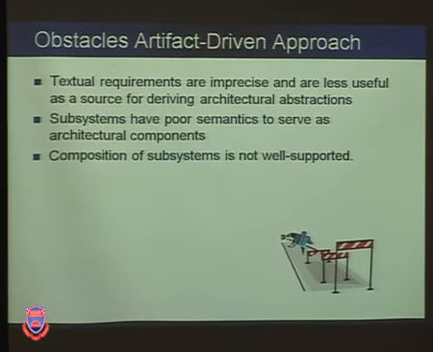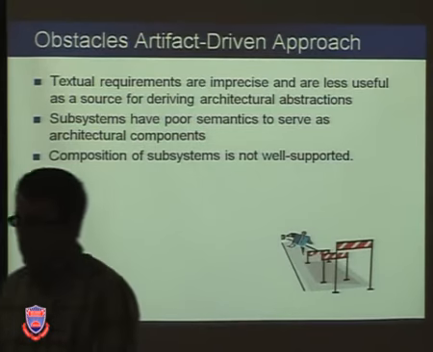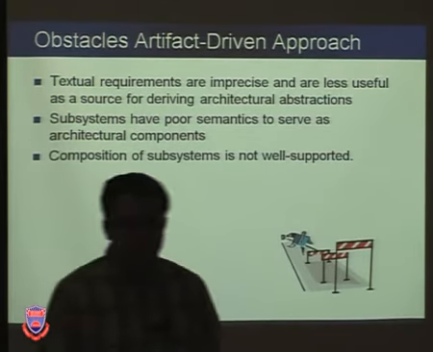What are the obstacles here? Textual requirements are imprecise and less useful as a source for deriving architectural abstractions. By architectural abstractions we mean architectural elements: the components, the relations, the structure.